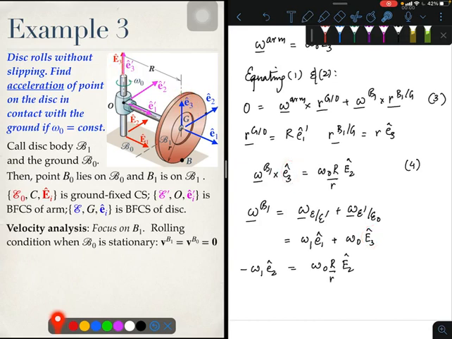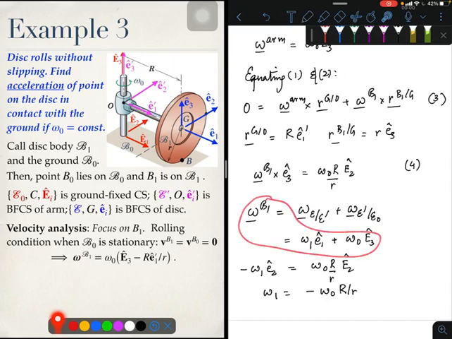Small e3 and capital E3 are aligned, and I get omega 1 must be minus omega 0 capital R by small r, so that the angular velocity of the disk omega B1, which is given by this expression over here on the right, is obtained as omega 0 along capital E3 minus omega 0 capital R by small r along E1 prime.